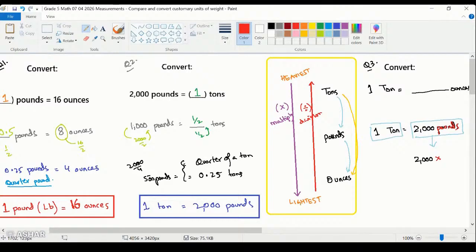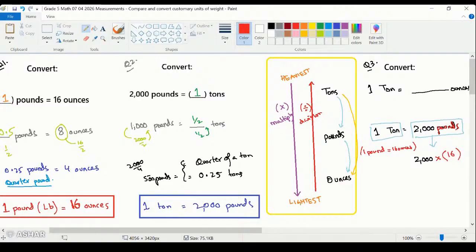So we multiply. How many ounces are there? We know that 1 pound had 16 ounces, right? So in place of pounds, we can write 16 ounces.